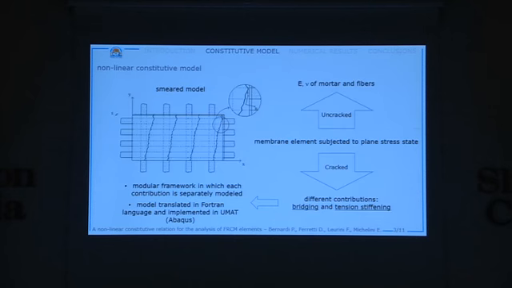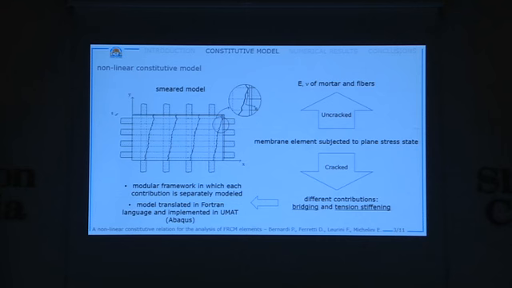So the model. According to the model, a FRCM membrane element subjected to plane stress state is considered. And the model belongs to the smeared model family, and according to it, any point of this material could be cracked or uncracked.